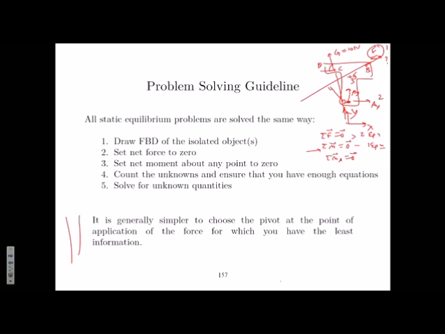You could have just written sigma F equal to 0, and that would involve AX, AY, and components of G and F along x direction, as well as components of those in y direction, equated to 0. And essentially, you would end up solving 3 linear equations in 3 unknowns, which will be simultaneous, and you would get all the unknowns. You will know not only F, but also AX and AY. But if the question is not asking for AX and AY, then why necessarily waste your time doing this, right?